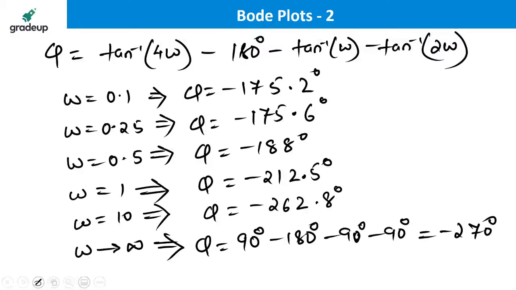And once again, in between minus 175 and minus 188, there goes the phase minus 180 degrees. So in between 0.25 and 0.5, there will be somewhere an omega p. Let us not calculate it always. It is just some value omega p between 0.25 and 0.5.